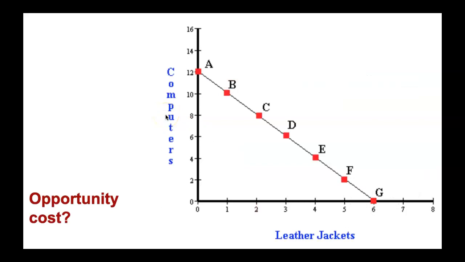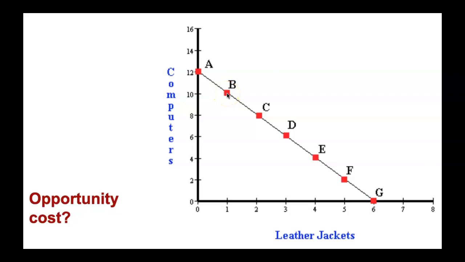So let's practice this. What is the opportunity cost of moving from point B to point C on this curve? First of all, you got to make sure, okay, what is going down? How many computers are being produced at B?